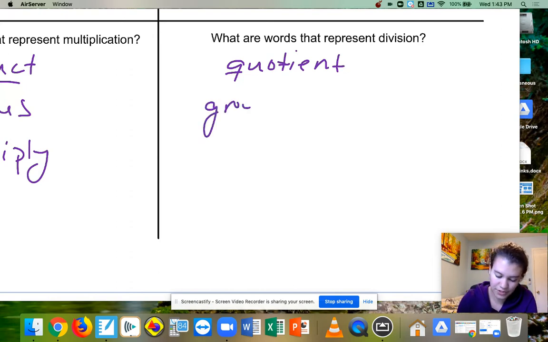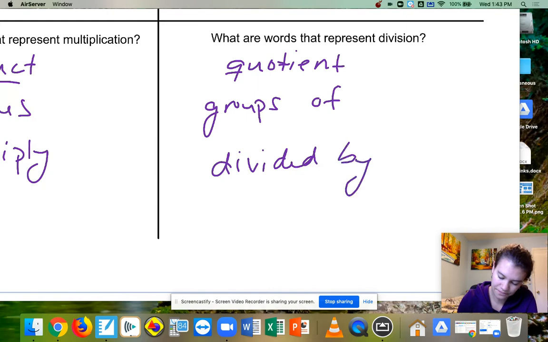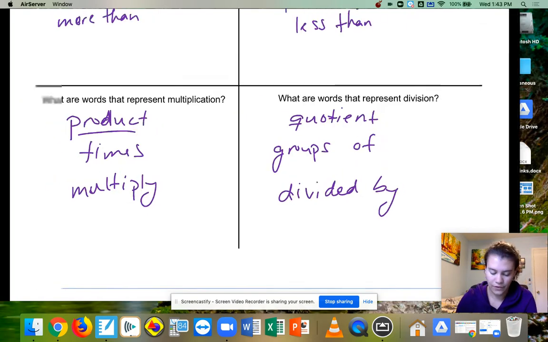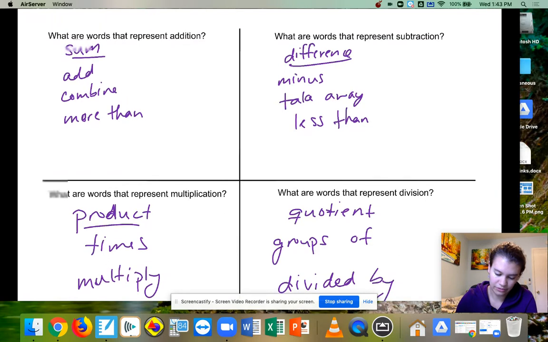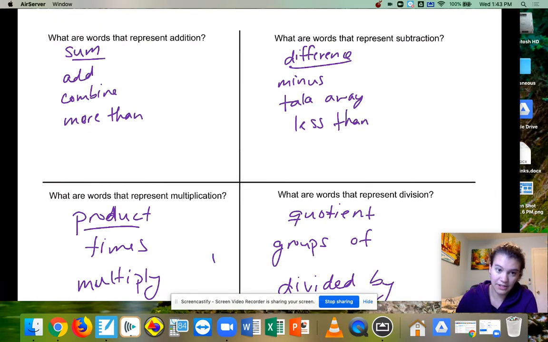Say groups of, like groups of 3, groups of 2. If you're putting 6 into groups of 2, you have 3 groups of 2. Or divided by. So these are all things you're going to want to know, what these words mean, what they point towards. We're going to do some examples.